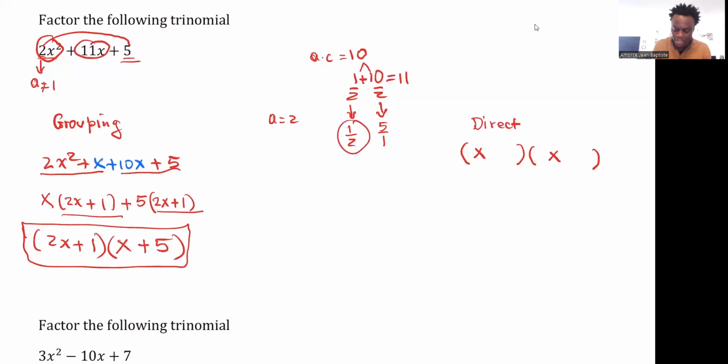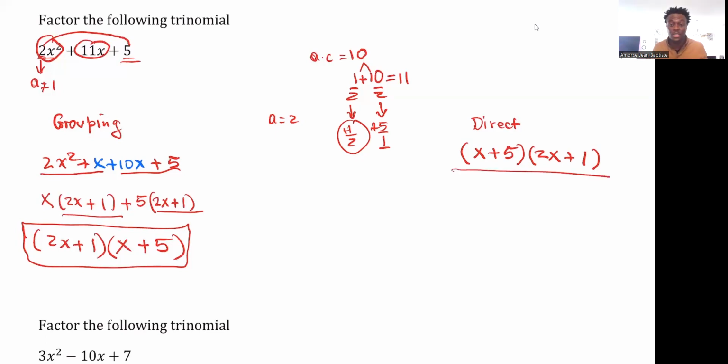If I'm using this fraction, the 2 goes with x, and the 1 is positive, so plus 1. And then the 1 goes with x as 1x, I don't have to put it. And then plus the top number, 5. So bottom number times x plus the top number on the side. That is the direct factoring.